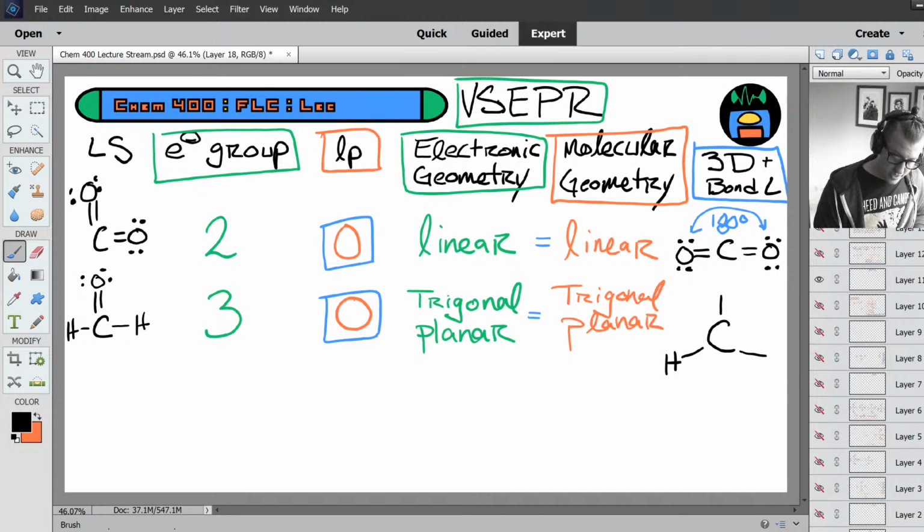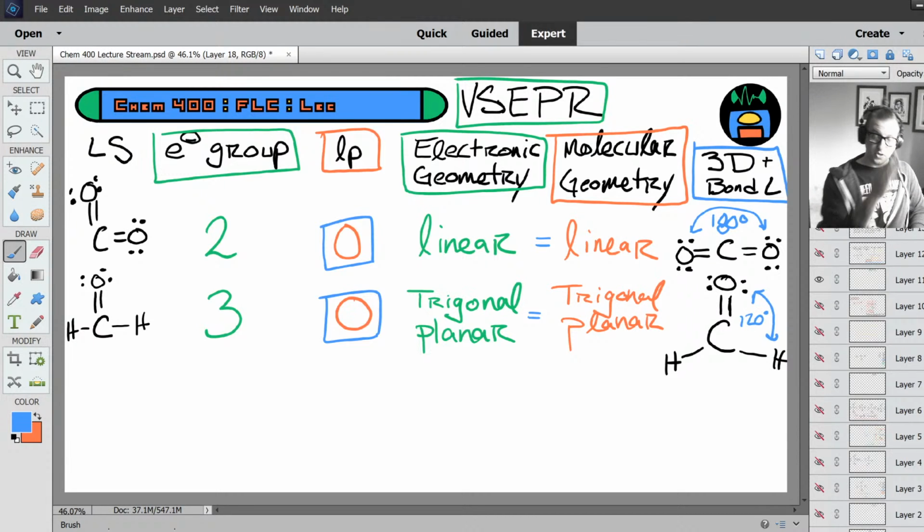Now I just have to draw in the H's and the O. So this is the 3-dimensional representation of formaldehyde, and the bond angle here is 120 degrees, because when you chop up 360, a full circle, into 3 separate groups, it comes out to 120.